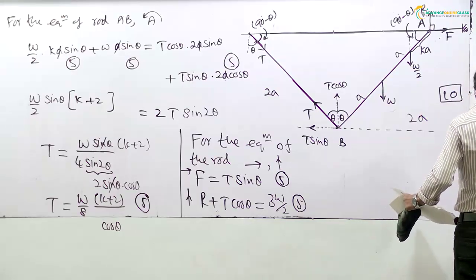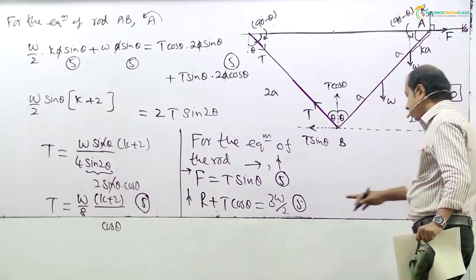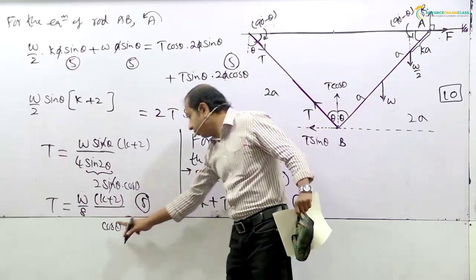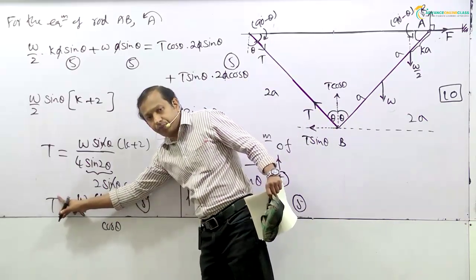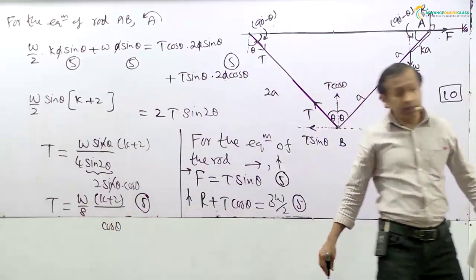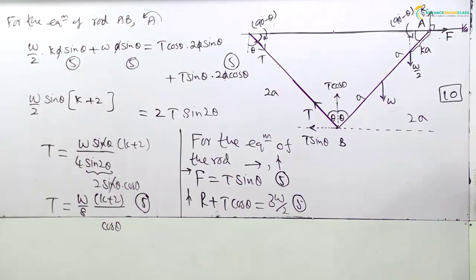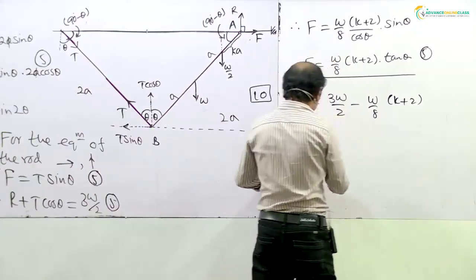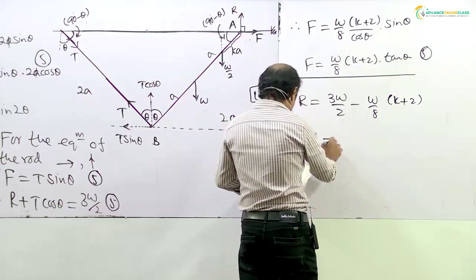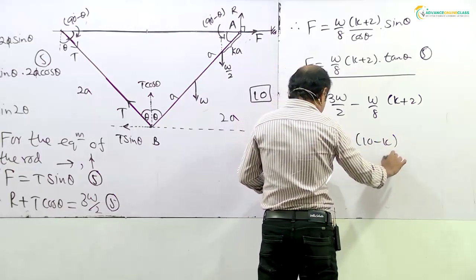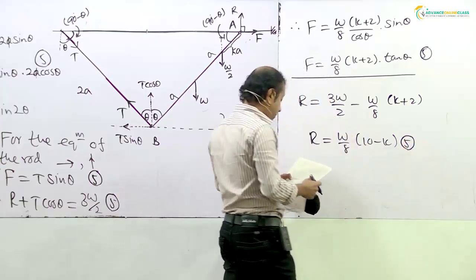T cos theta is W by 8, K plus 2. Once we simplify this, we get W by 8, 10 minus K. For this also, other 5 marks.